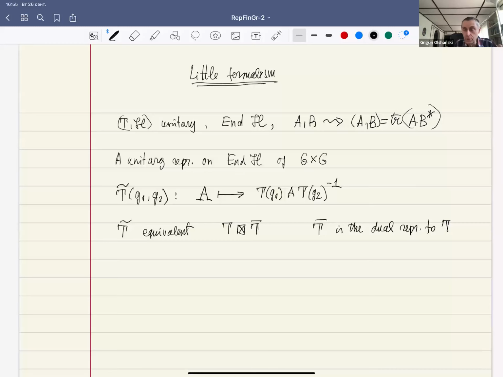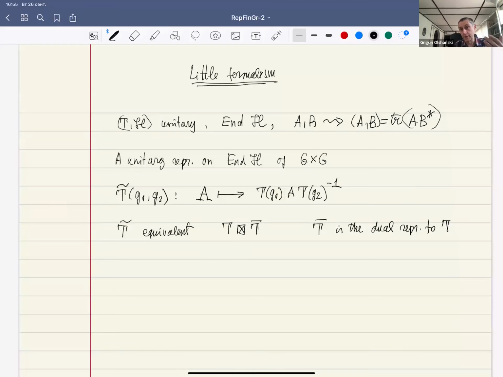And the dual to dual is the initial representation. But in our situation, we have a unitary representation. And because we have a scalar product, which is sesquilinear, we can realize the dual representation on the same space, identifying the dual representation with the initial representation, but with the agreement that we change the complex structure, which means that we introduce the conjugate complex structure.